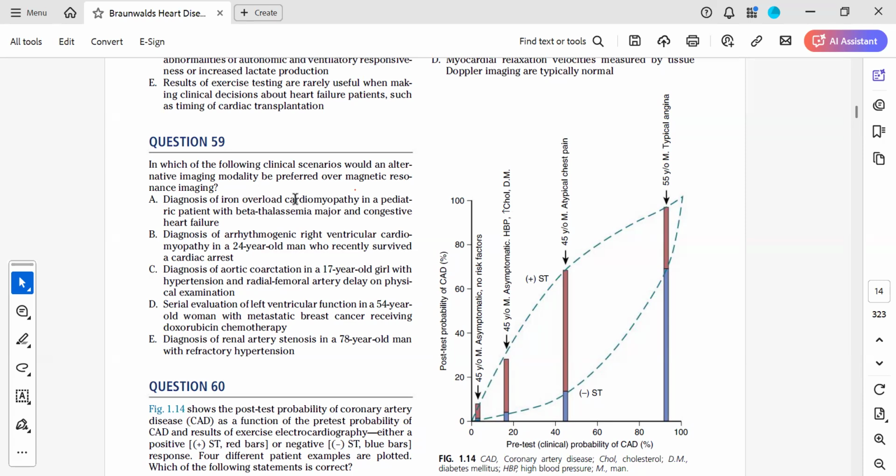You see that pre-test probability is on the x-axis, the horizontal axis. It increases as you go to your left.